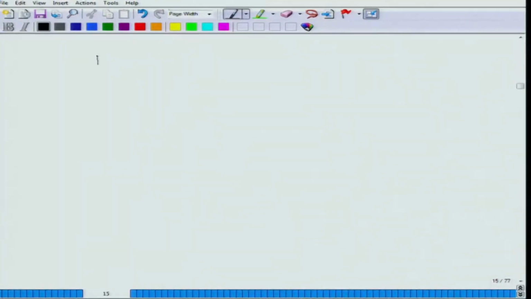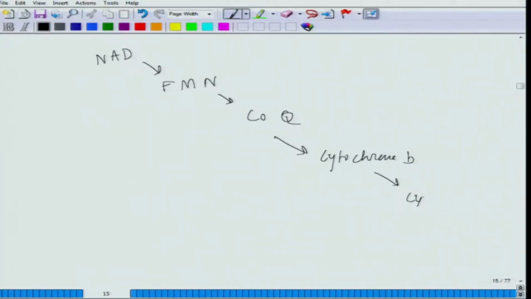So, these NADs go through a series of reactions. Basically, this whole electron transport chain is at different gradients going through CO2, cytochrome oxidase, cytochrome B, cytochrome C, cytochrome A, cytochrome A3.